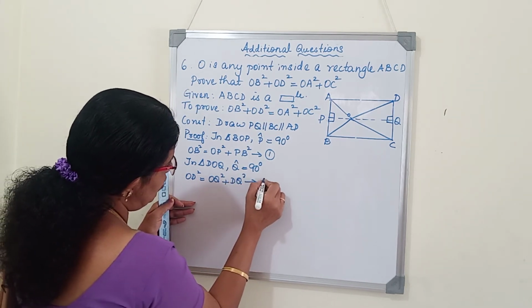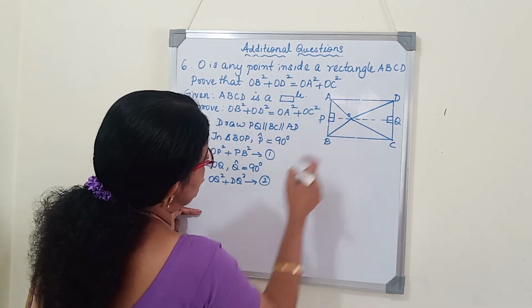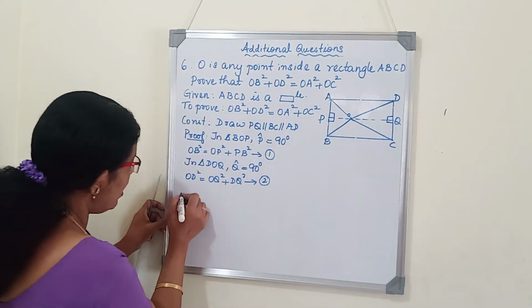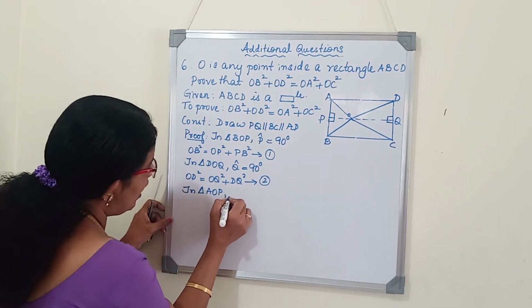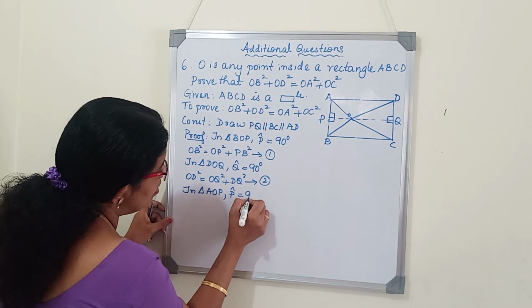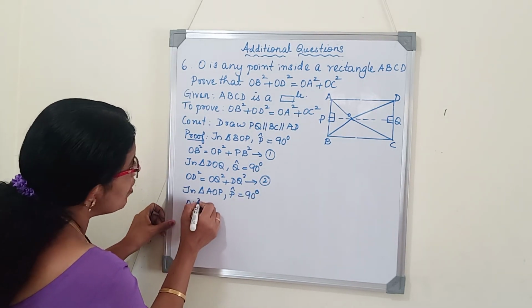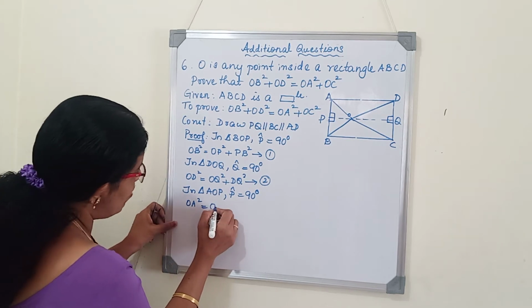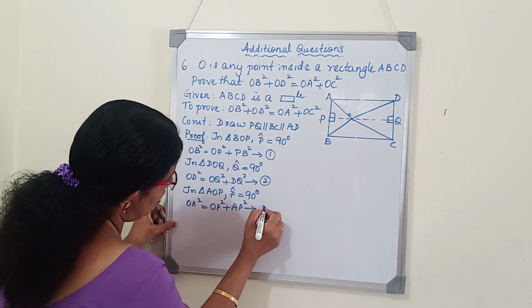Equation 2. Again we will take the third triangle which includes the side OA. In triangle AOP, angle P is 90 degree. Therefore, OA square equals OP square plus AP square. Equation 3.